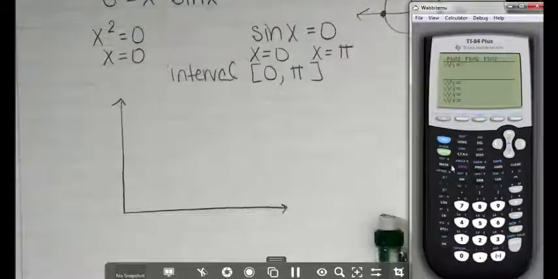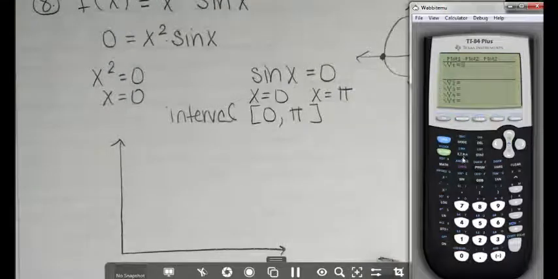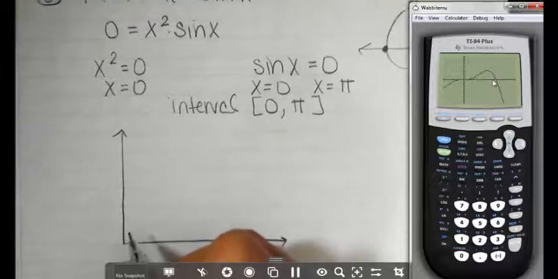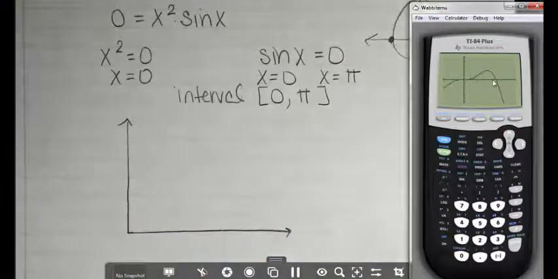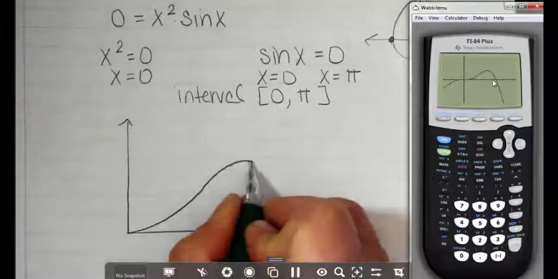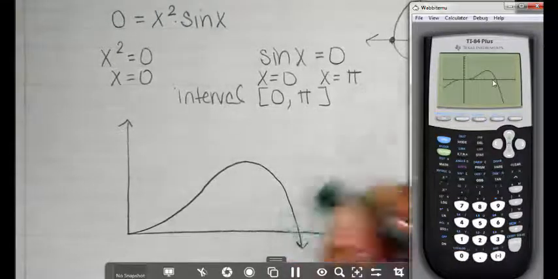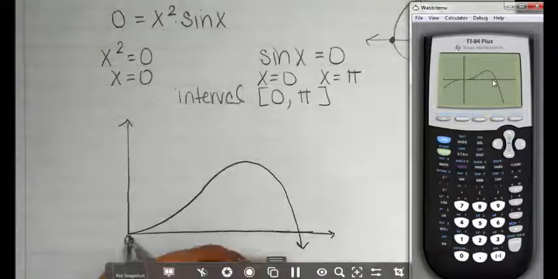Oops, gotta turn it on. Okay, so it's going to be something like this, where this here will be 0, and this here is going to be pi.